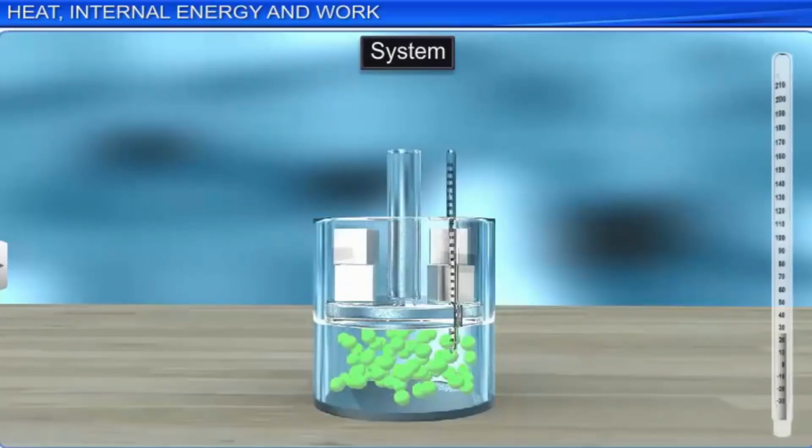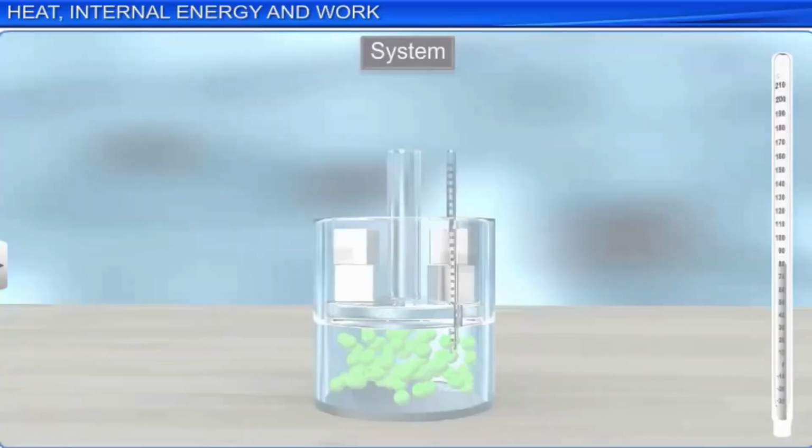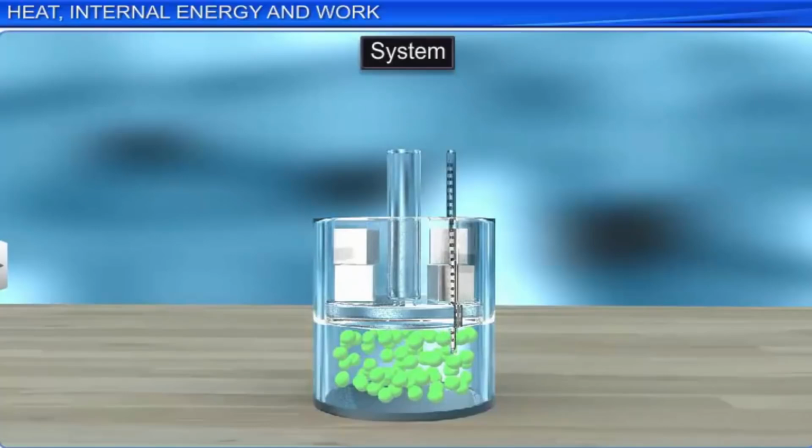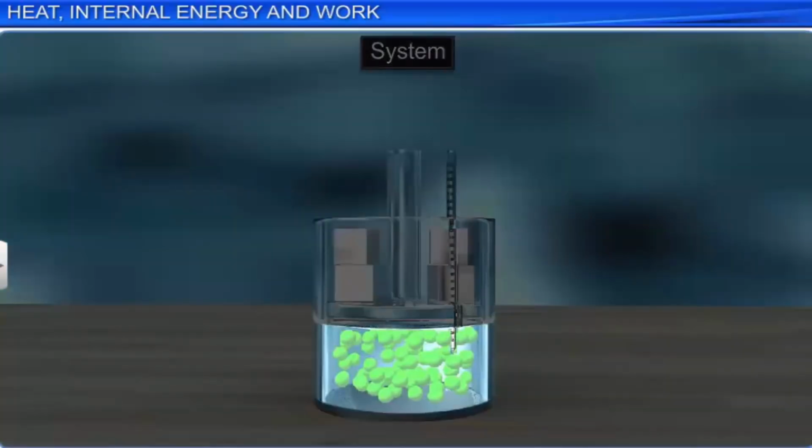We can observe rise in the temperature of the gas. When the gas is compressed, the external force due to the weights did some work, and as a result, the internal energy of the gas is increased. That means that when work is done on a system, its internal energy increases.